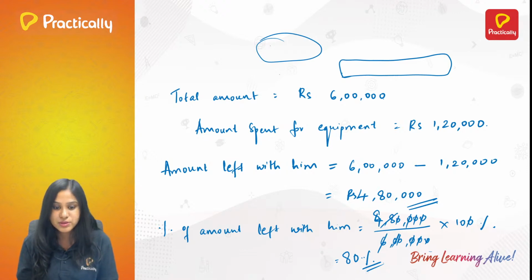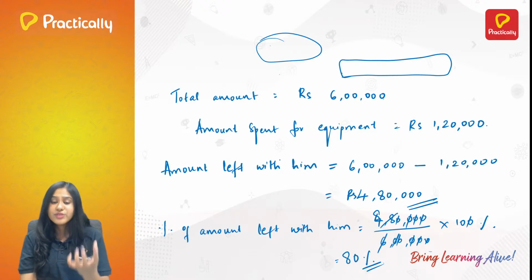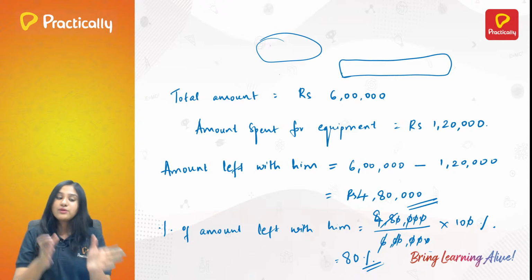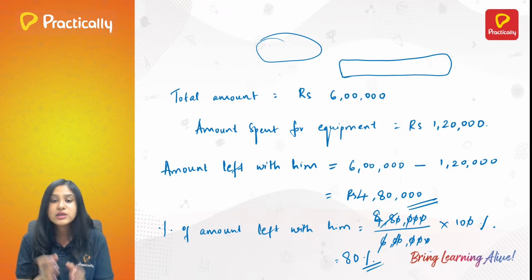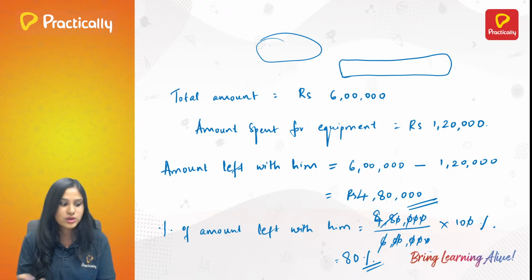So, we got 80%. That is 80% of the amount, which is nothing but what is left with him now, correct? So, he got 6 lakh, he spent 1,20,000 for the equipment. Now, he's left with 4,80,000, which is 80% of the money, correct?